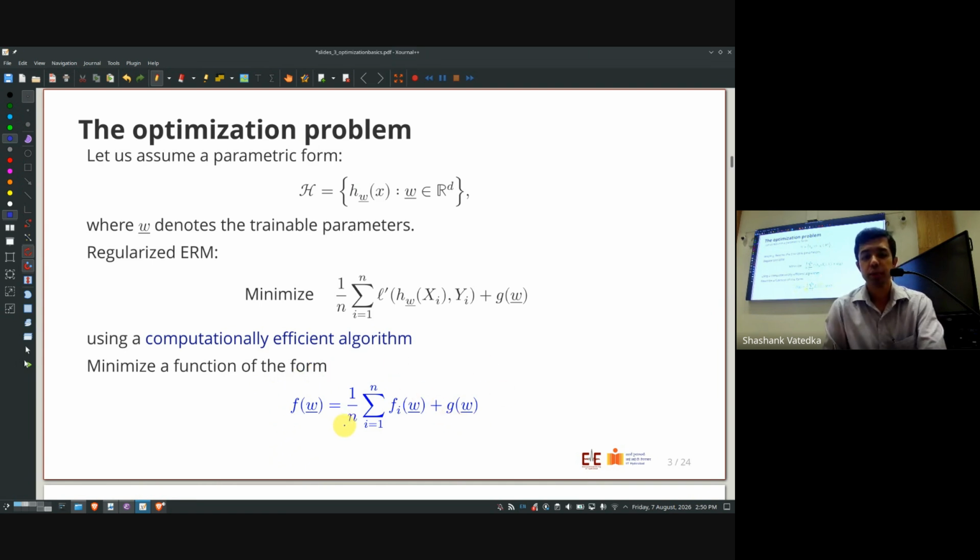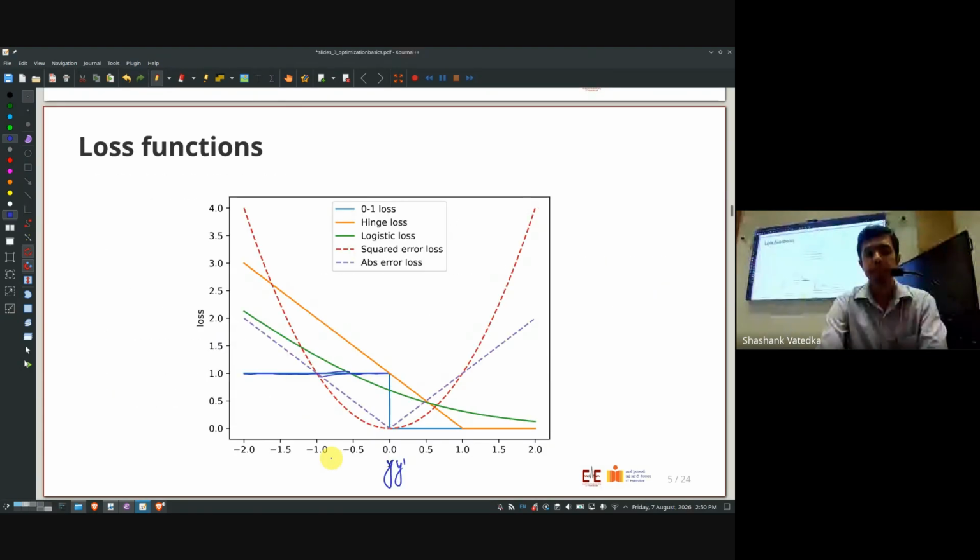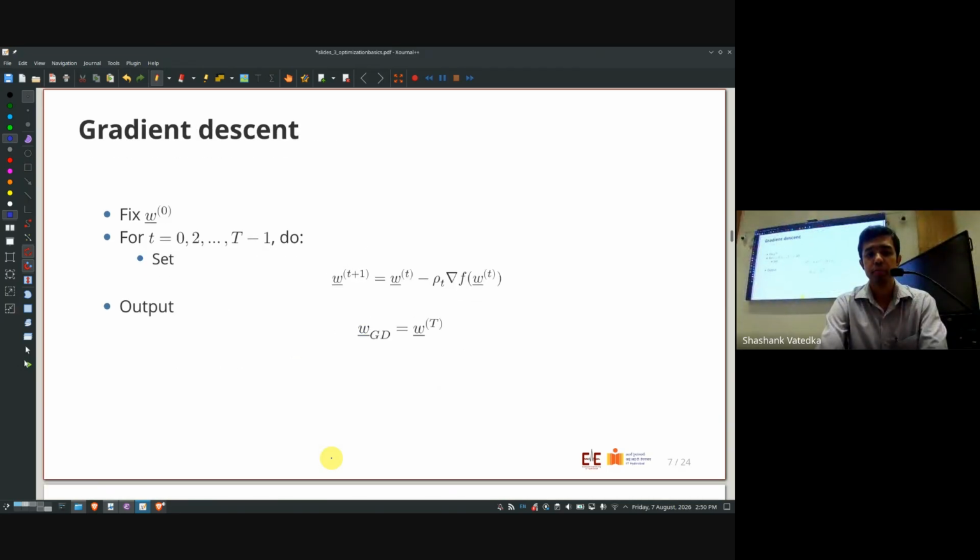So let's assume that we're given an arbitrary function f of W, and we want to minimize this function. One of the most commonly used algorithms for solving a generic minimization problem is gradient descent, assuming, of course, that the function is smooth, essentially differentiable.